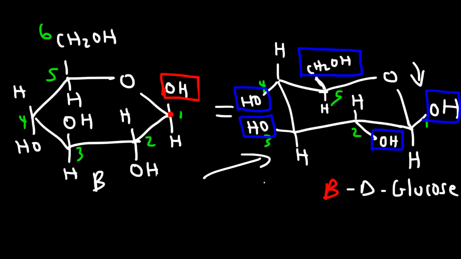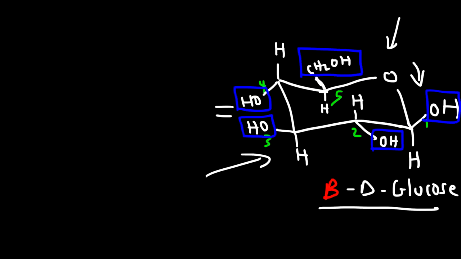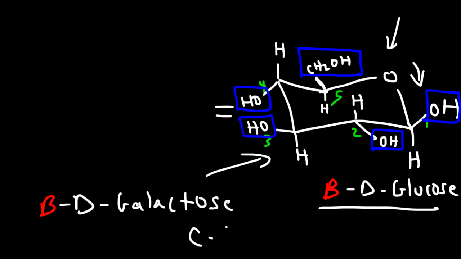Now, given beta D-glucose, how would you draw the chair conformation of beta D-galactose? Because let's say you're given a question and you need to draw the chair conformation of another type of sugar. How can you do it? Now remember, galactose is the C4 epimer of glucose.